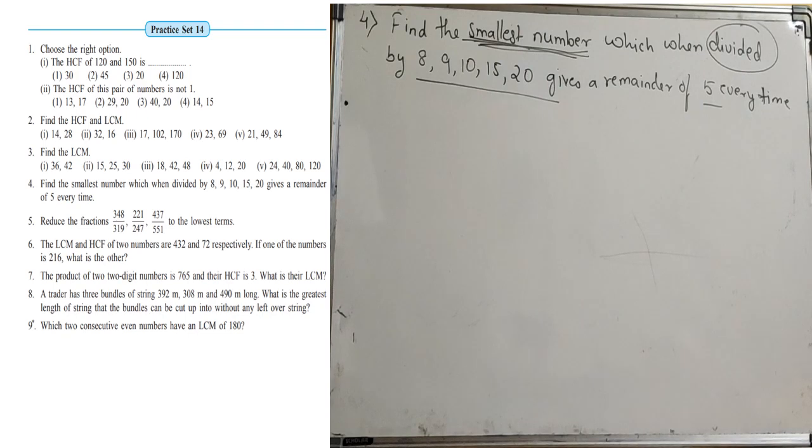Now, smallest number. What topic are we doing? We are doing HCF and LCM. Smallest means the least. So what we are going to do over here is find out the LCM.